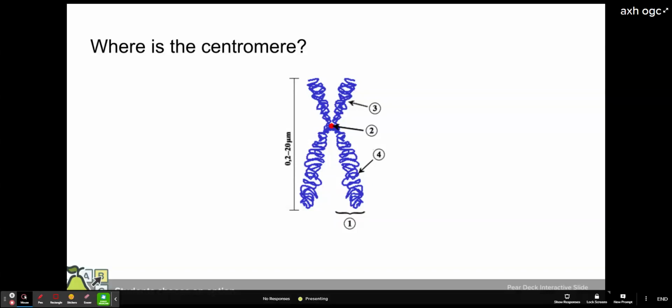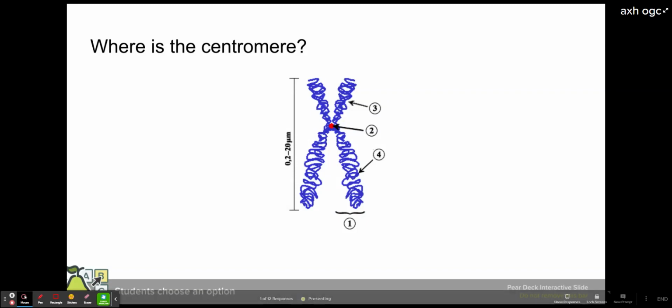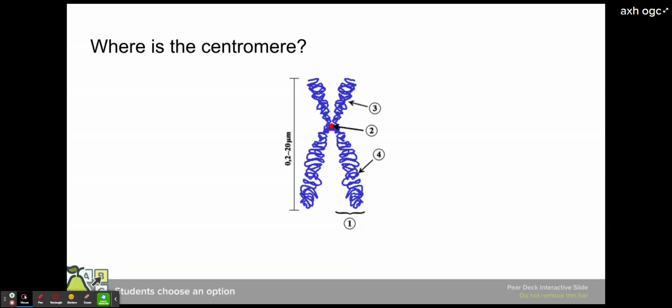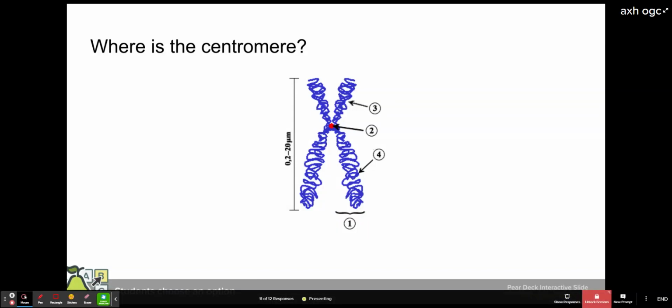So where is the centromere? Right, so 2 is the centromere, right?